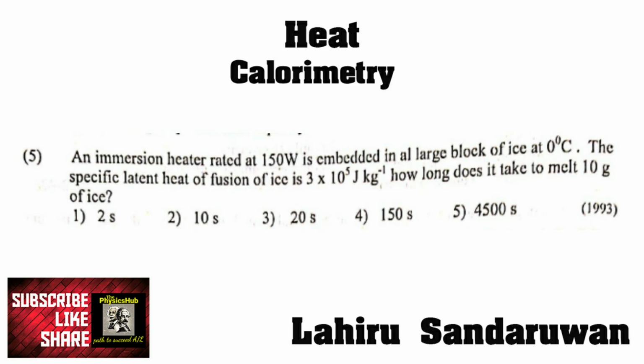An immersion heater rated 150 watt is embedded in a large block of ice at 0 degrees. The specific latent heat of fusion of ice is 3 × 10^5 joules per kilogram. How long does it take to melt 10 grams of ice?